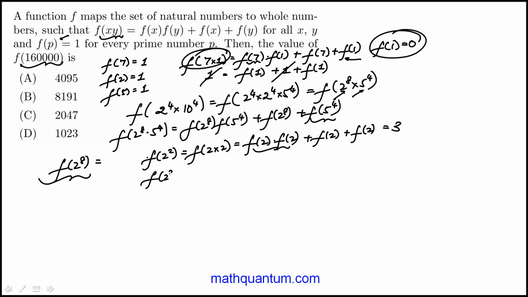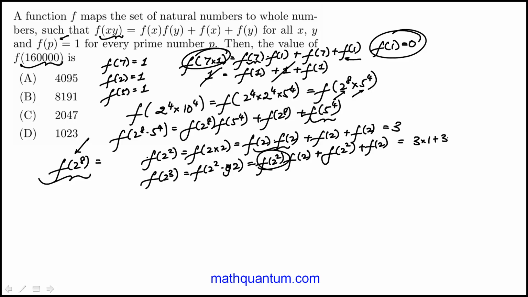And then the question is, is there a pattern as I go to higher powers? So f of 2 cubed would be, again, make x to be 2 squared and y to be 2. And then f of 2 plus f of 2 squared plus f of 2. So this we have already computed. That's 3. F of 2 is 1. 3 plus 3 plus 1, so that becomes 7.